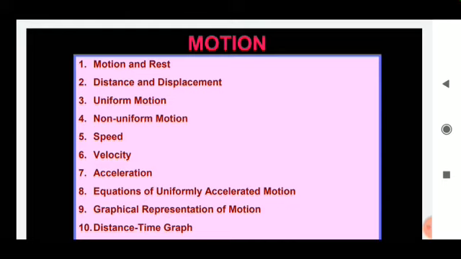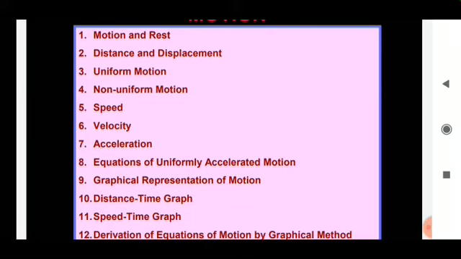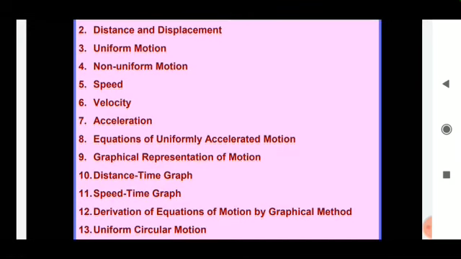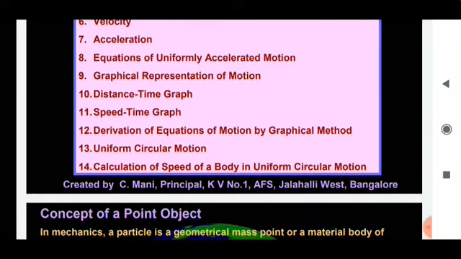Motion at rest, distance and displacement and its SI units, uniform motion, non-uniform motion, differences between distance and displacement, speed, velocity, differences between speed and velocity, acceleration and its SI unit, equations of uniformly accelerated motion, graphical representation of motion, distance time graph, speed time graph, derivation of equation of motion by graphical method, uniform circular motion, calculation of speed of a body in uniform circular motion.